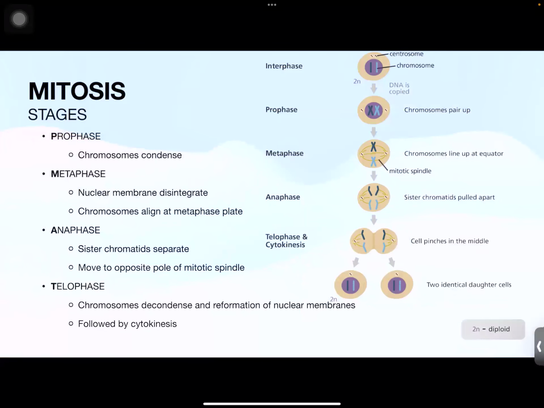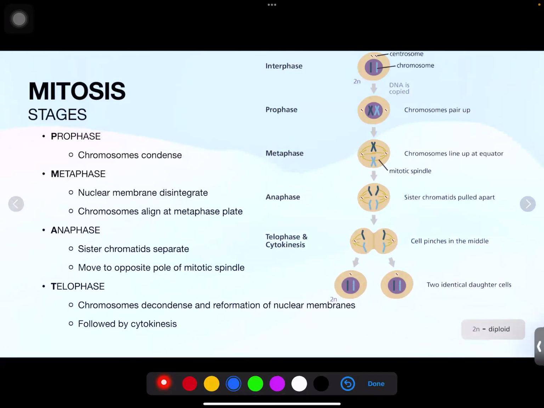So coming to the stages of mitosis, you don't have to memorize everything. You just have to have a brief knowledge of what actually is being done in these phases. Like these four phases: prophase, metaphase, anaphase, and telophase. So this is interphase. I have told you previously that interphase is all three phases: G1, S, and G2.